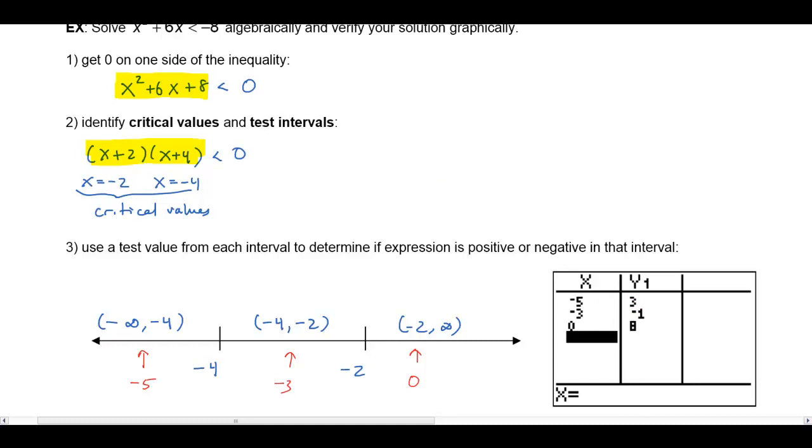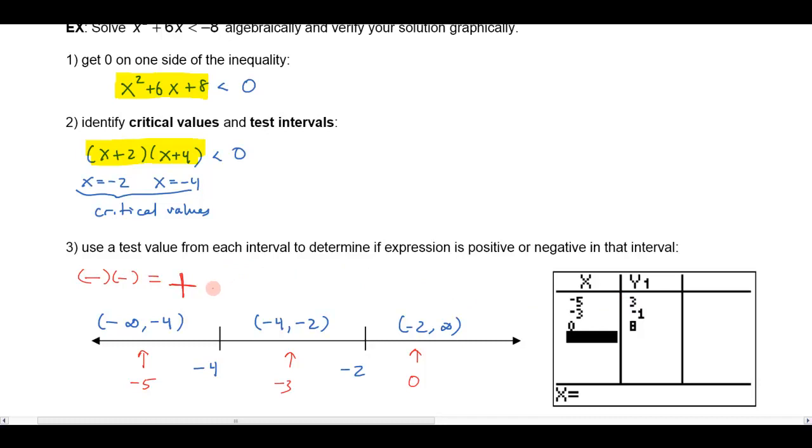So I could plug the -5 in here: -5 plus 2 is -3, and all I really need is that it's something negative. And -5 plus 4 is also something negative, and a negative number times a negative number is something positive. Like I mentioned a moment ago, if I plug in -5, I get exactly 3.